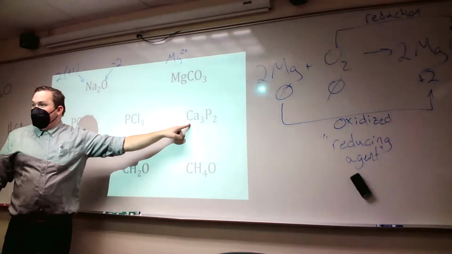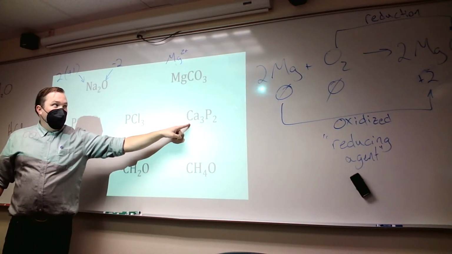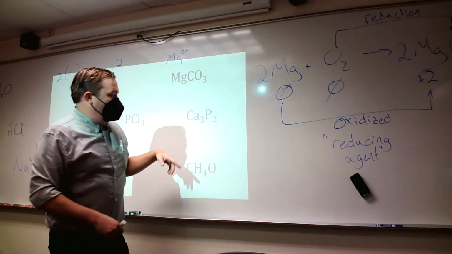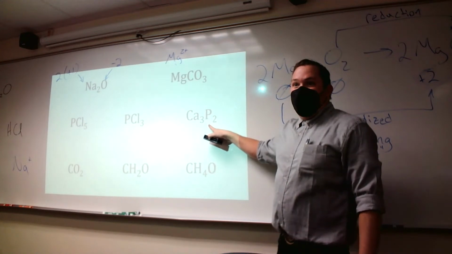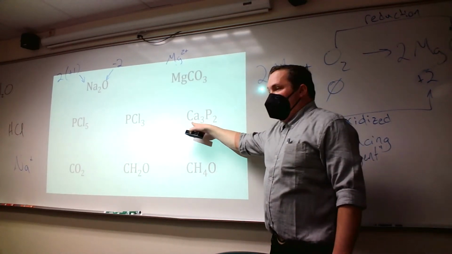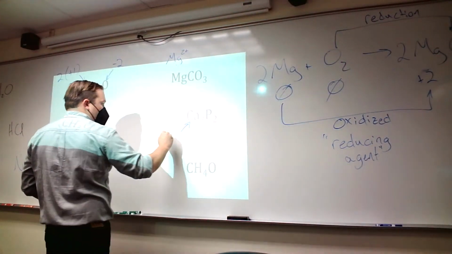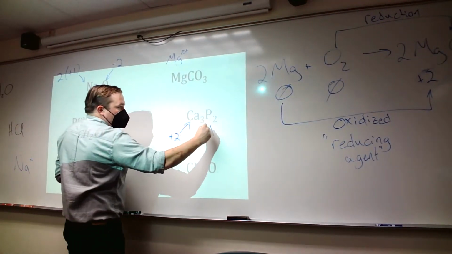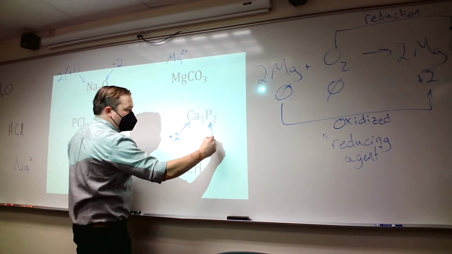So same thing for this one, calcium phosphide. No, wait, it's ionic, so we wouldn't use prefixes. So calcium phosphide, calcium when it's an ion has to be what charge? +2, that's right. So the phosphorus has to be -3.